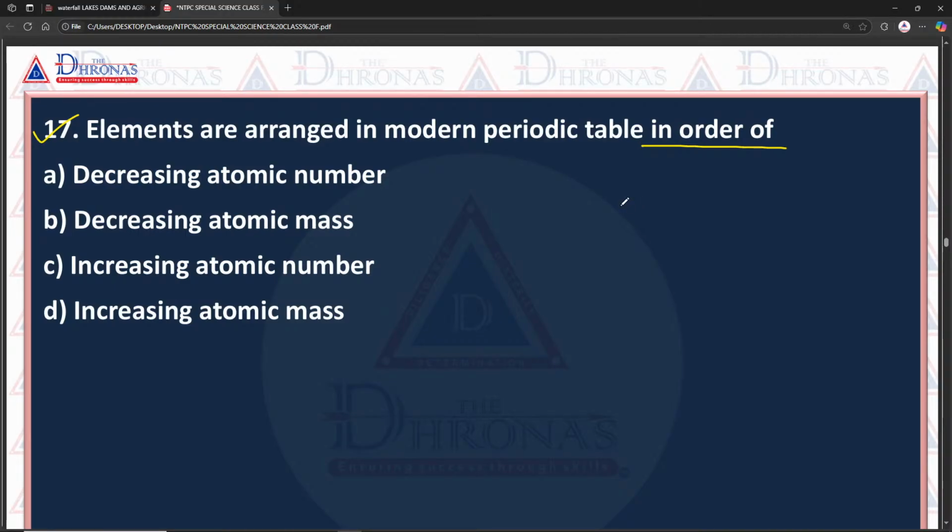So, which option is correct in case of modern periodic table? Do try to answer the question, then I will discuss. What is the principle behind the modern periodic table?